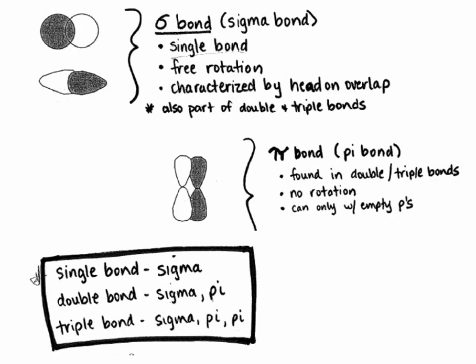Here would be a triple bond: you have your sigma, and then a pi and a pi. Those are the overlapping of those unused p orbitals.